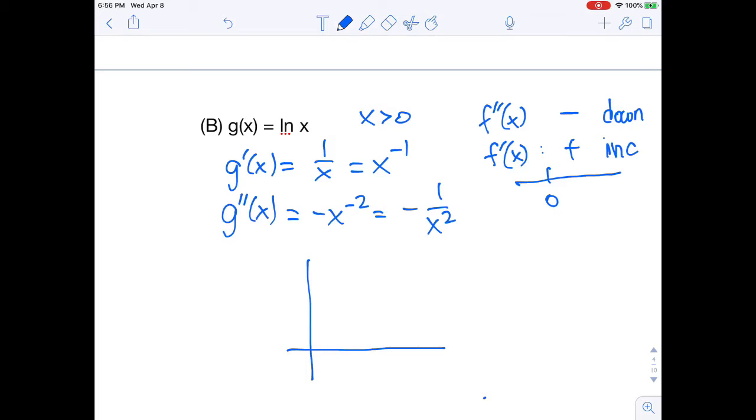Remember that x has to be greater than 0, so what will that look like? It looks something like that.